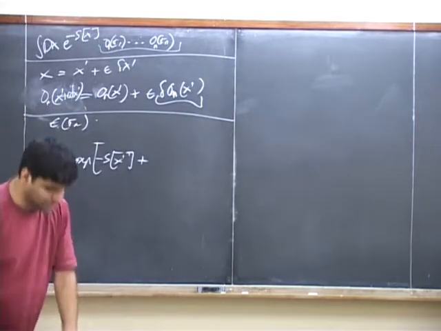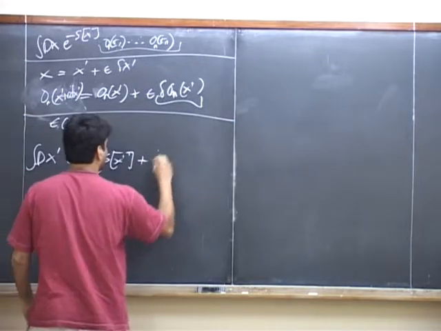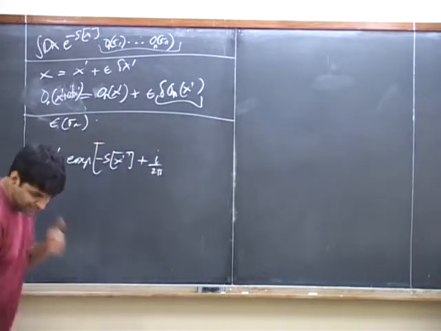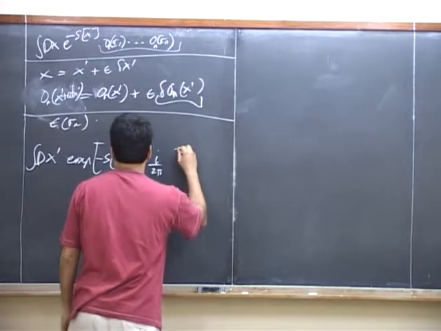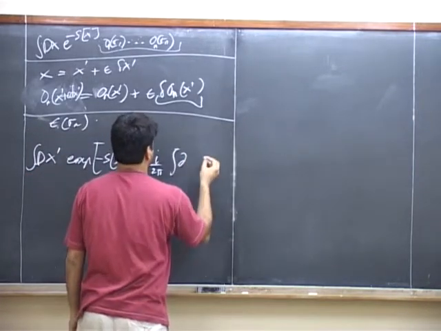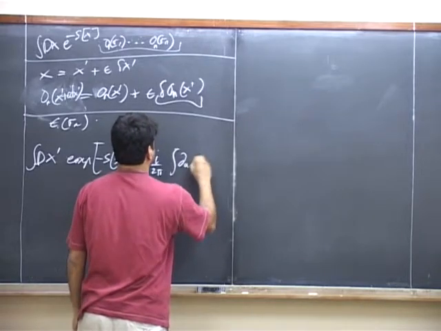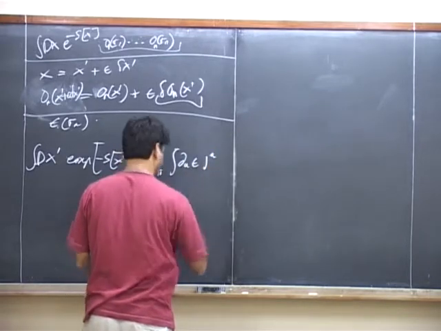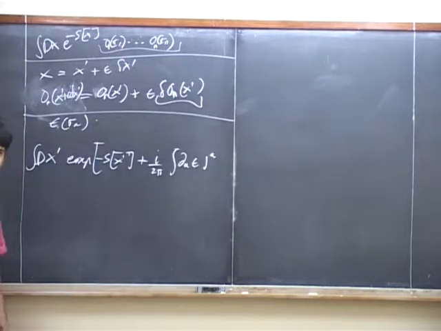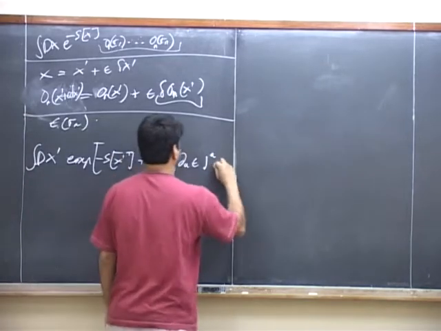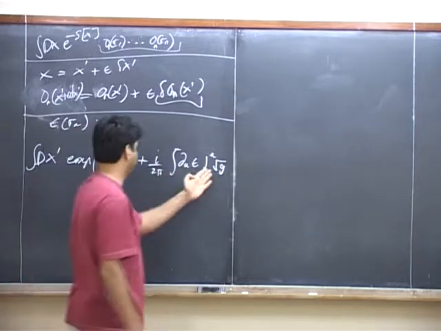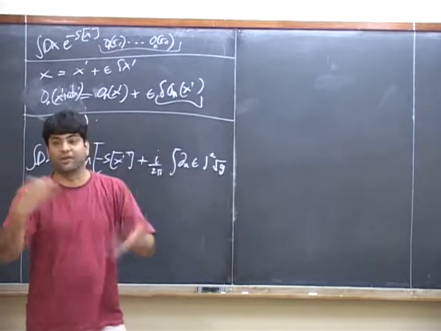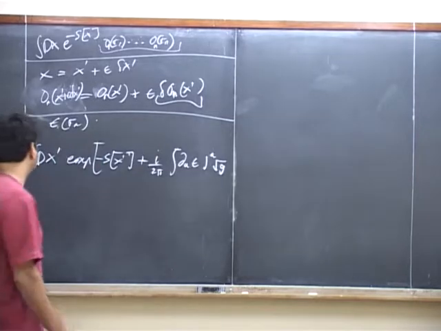And now we'll choose a convention for factors, we'll say plus i/2π ∫ ∂_a ε J^a. And if we're working in a space that has a non-trivial metric, we put a factor of the square root of the metric in order to make everything Lorentz invariant.